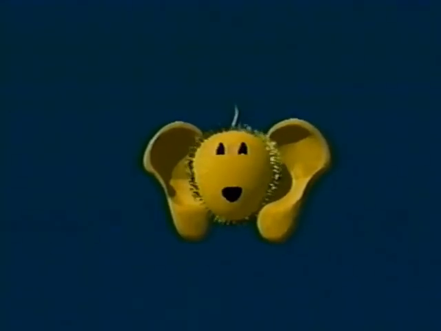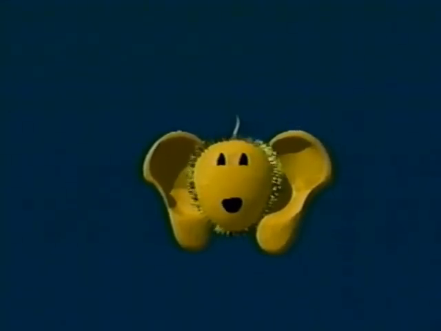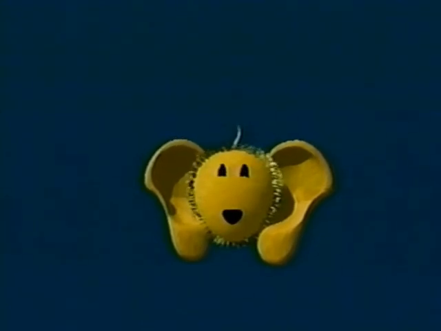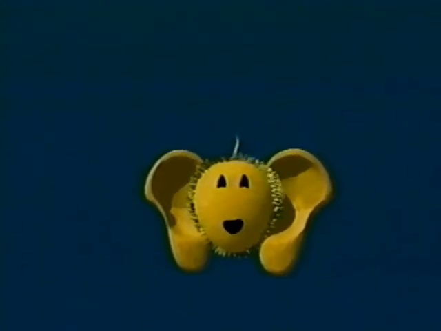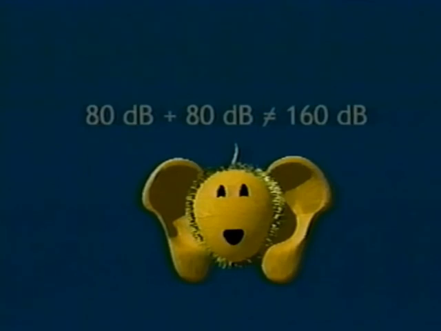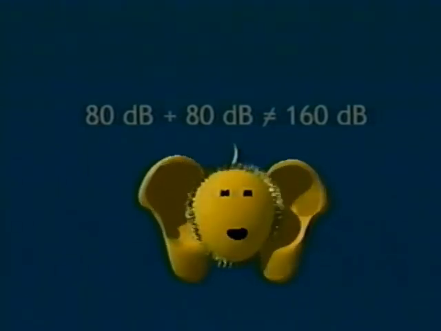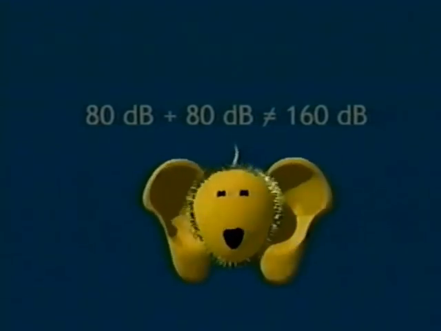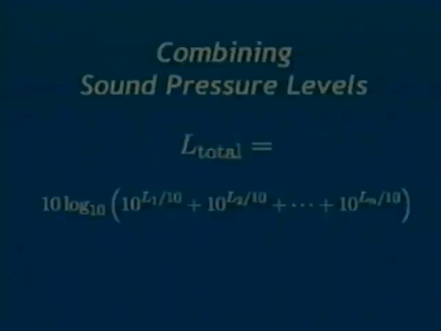The sound pressure level is often represented by a capital L. We will now use L to help explain the combining of sound pressure levels. When you need to add sound pressure levels, it is not a simple matter of algebraically adding the numbers. 80 dB plus 80 dB does not equal 160 dB.